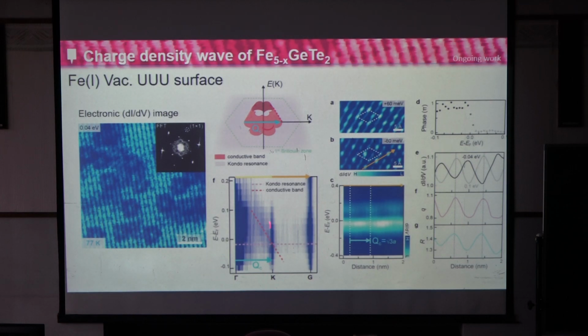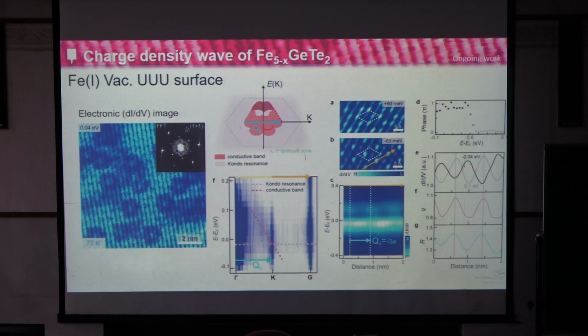You can also see the root 3 pattern is found at the K point, and it also happens at the crossing of these two bands. It means that this electronic pattern can be resolved from the band hybridization between the conduction band and the Kondo resonance. So this means that this charge ordering is a charge density wave.